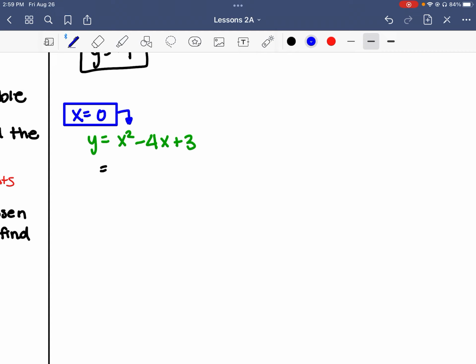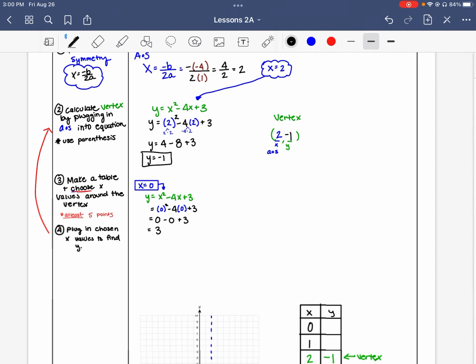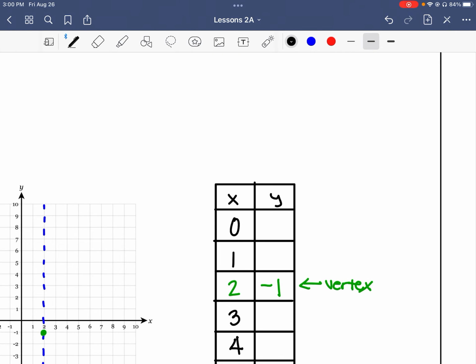So this is equal to 0 squared minus 4 times 0 plus 3. 0 squared, 0 times 0 is 0. Negative 4 times 0 is 0. 0 minus 0 plus 3 is 3. So right here on my y value, I'm going to write 3.